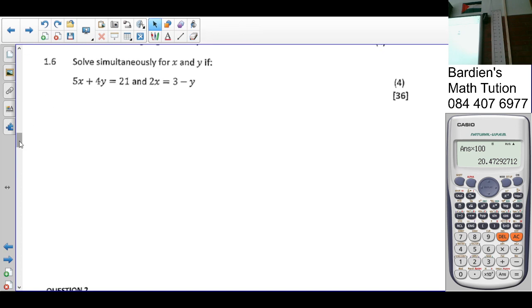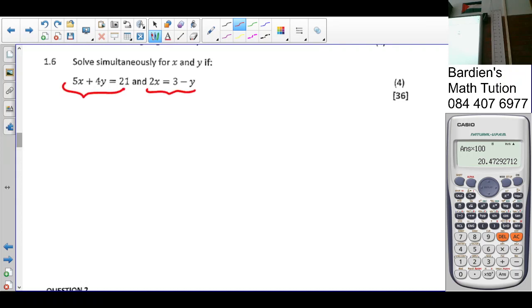I think question 1.6. Solve simultaneously for x and y. Now, there's two ways of doing it. We can either do it by elimination, or we can do it by substitution. And we use the substitution method the majority of the time. So we're going to do substitution here. Which equation are we going to work with first?